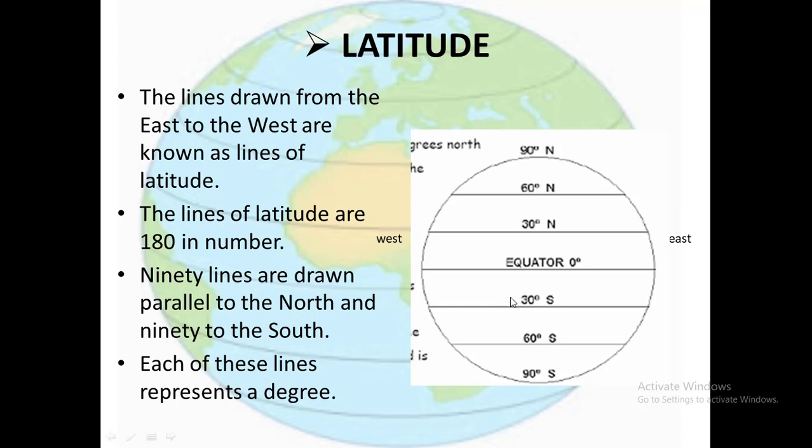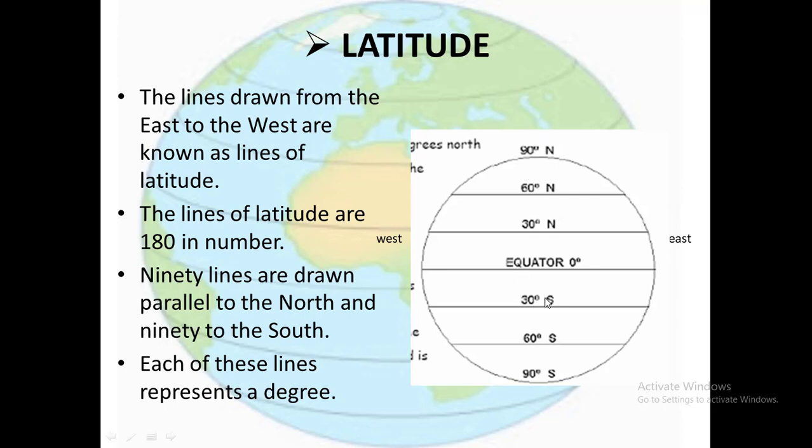You can see here the lines that are drawn from east to west are called lines of latitude. These lines run parallel, and again there are degrees. You can see among these lines there is also difference: 30 degree north, 60 degree north, 90 degrees.